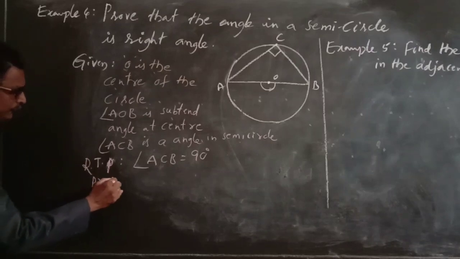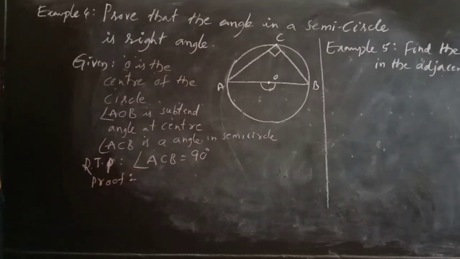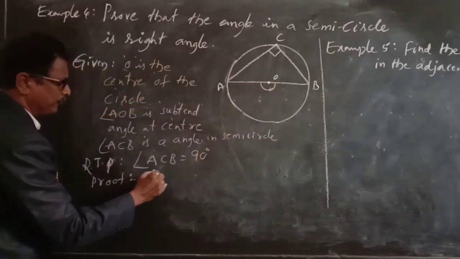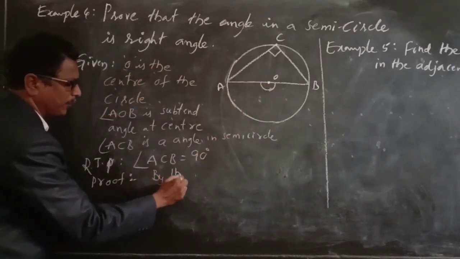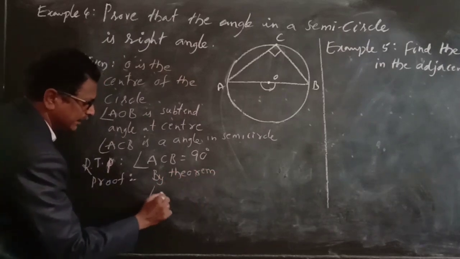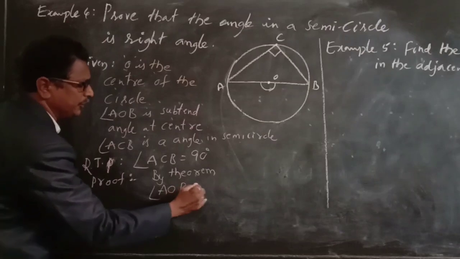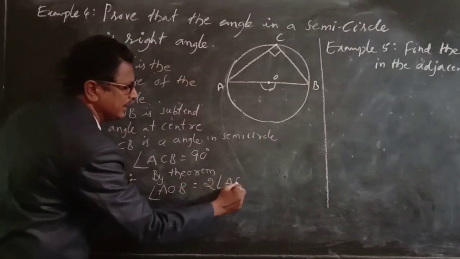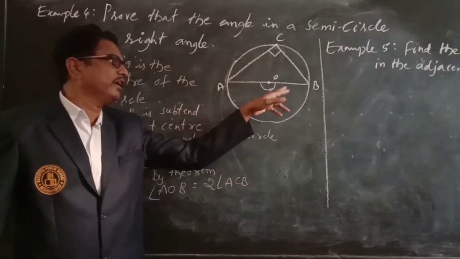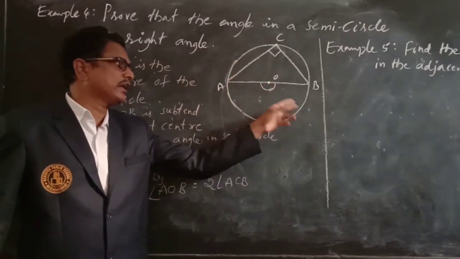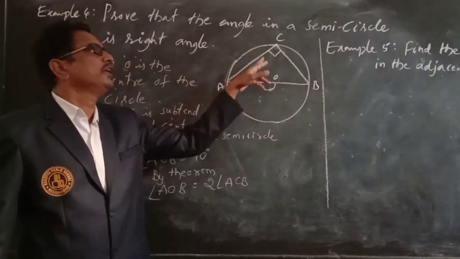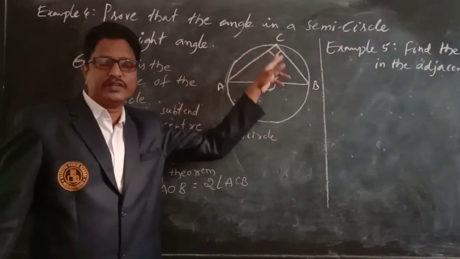Proof. Here, by the theorem, angle AOB equals 2 angle ACB. Why? An angle subtended by an arc at the center is twice the angle subtended by it at any point on the remaining circle.